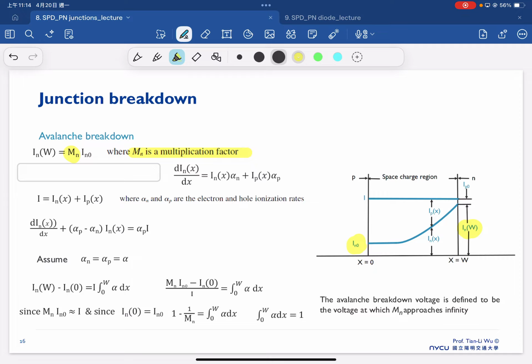And next, we consider In(x) is equal to In alpha n dx plus Ip alpha p dx.